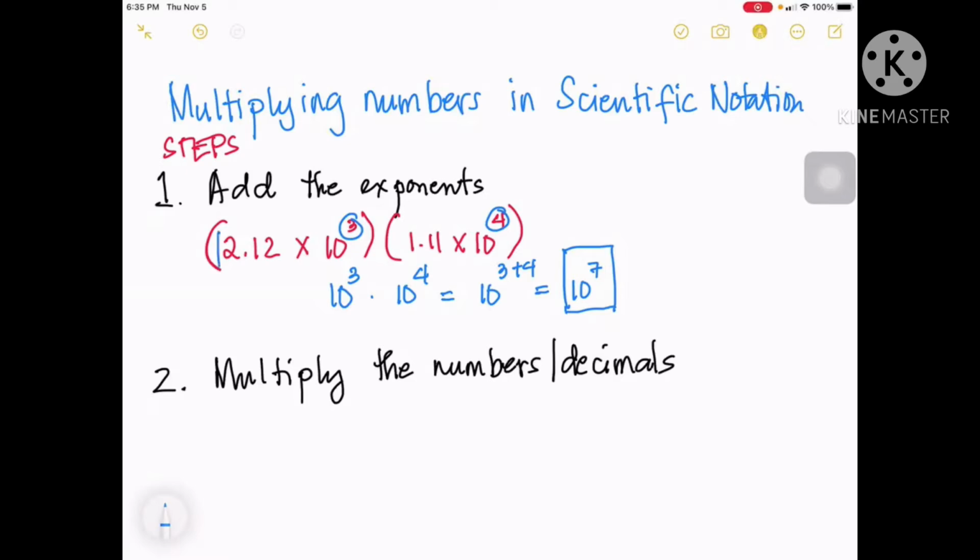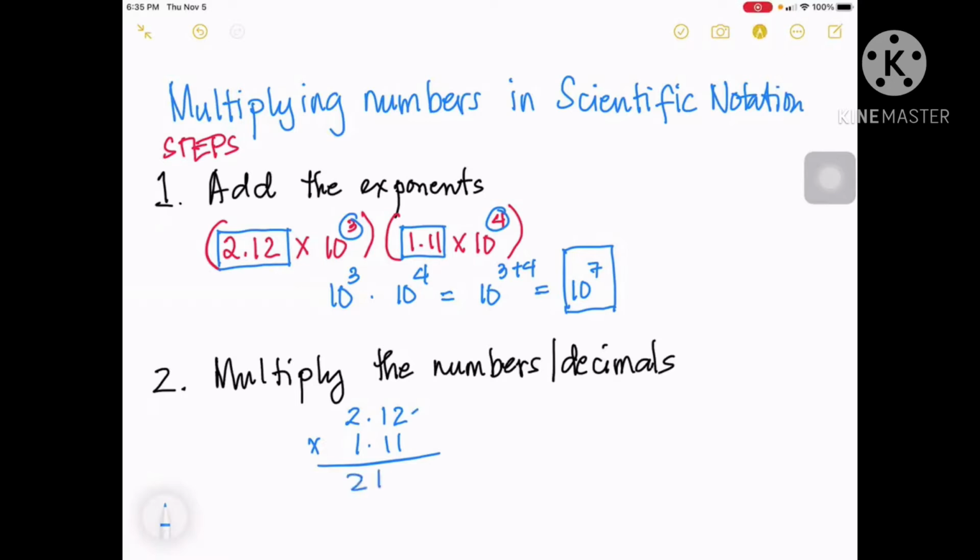As we all know, the numbers are 2.12 and 1.11. So we will do the long method of multiplication. 2.12 times 1.11. Since all of this is 1, just copy 212.